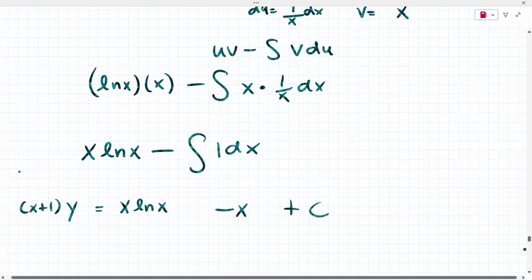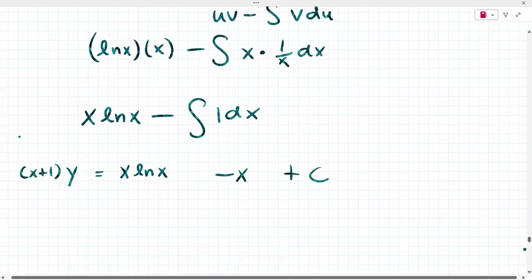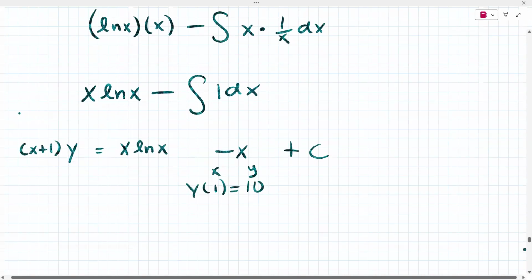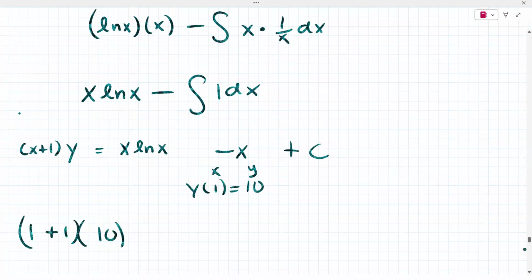So we do have to plug in our initial condition. Our initial condition is y of 1 equals 10, or your x is 1 and your y is 10. So it's 1 plus 1 times y, which is 10, equals x, which is 1, times ln of 1, minus 1, plus c.